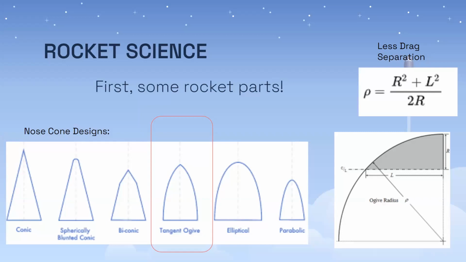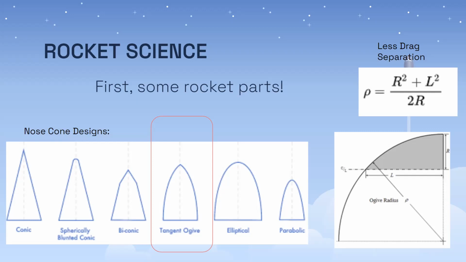Typically in rocketry, especially for egg lofting purposes, we use the tangent ogive or the elliptical cones. Typically things such as straight up cones or spherically blunted cones or even biconic shapes are used for aesthetic reasons rather than for any particular aerodynamic benefit.